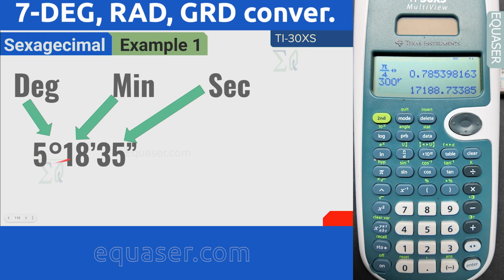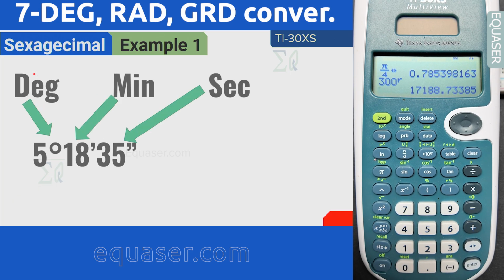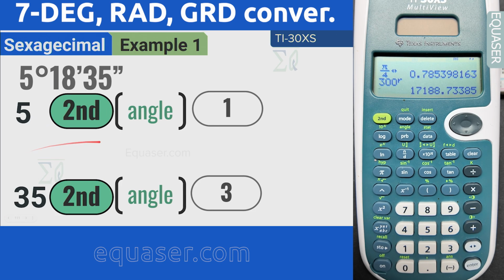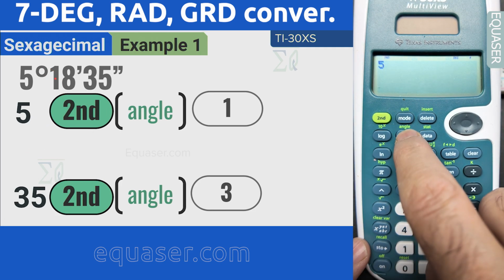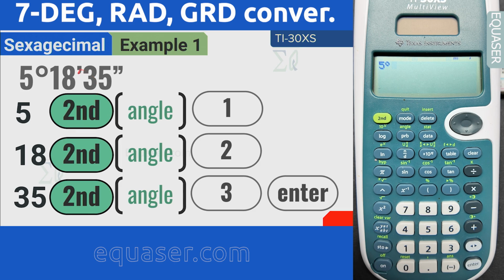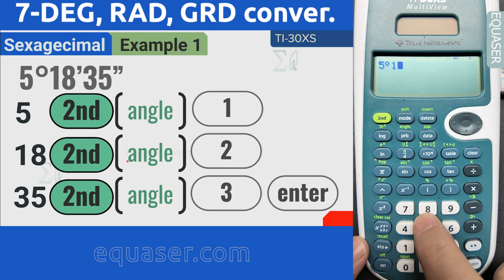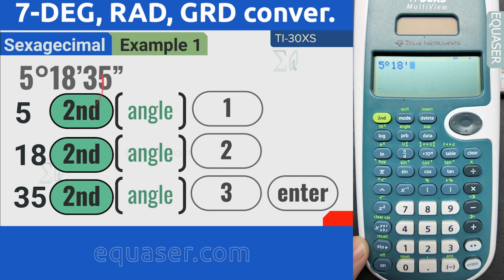This is the degree angle. So if we have 15 degrees, 18 minutes and 35 seconds, sexagesimal, let's enter this one. Clear, 15, second function, angle, and select degree, 1, and then 18 for the minute, second function, angle, automatically this is 2, and then 3.